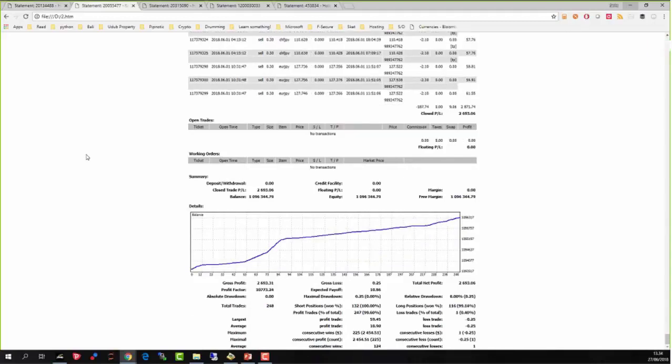If we have a look at another account statement here, we have a slightly smaller number, very small drawdown, and a very high degree of accuracy here as well, which is just another example of the accuracy of this. It's phenomenal how well these areas hold. And look at that profit factor, 10,773. I mean, that's dizzying.